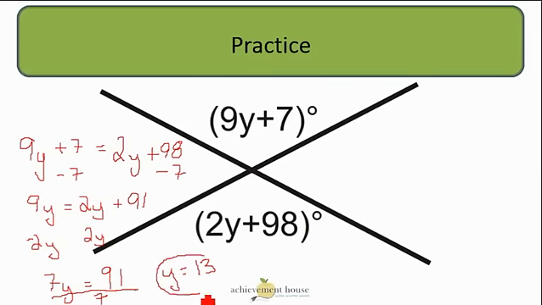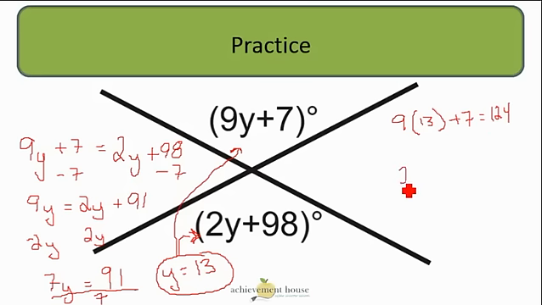Now, if you're ever unsure about your answer, one thing you can do is substitute it back into both of those angles. You should get the same number by solving both of those expressions. For example, if we do 9 times 13 plus 7, what do we get? If you said 124, that is correct.